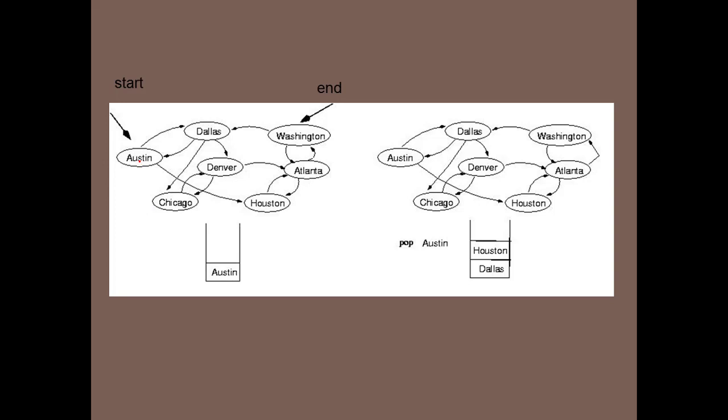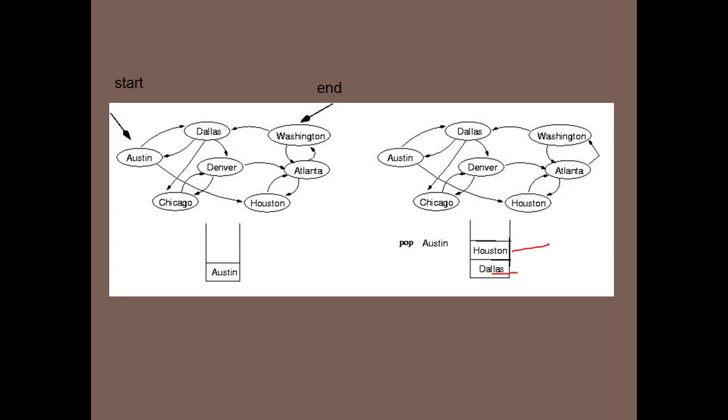According to the algorithm, we first pop the value on the stack, which is Austin, and the nodes adjacent to Austin are pushed onto the stack. Which are adjacent to Austin? One is Dallas and the second is Houston. So pop Austin, push its adjacent values, Dallas and Houston.